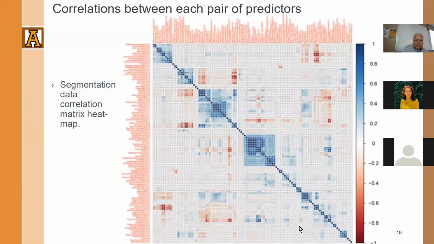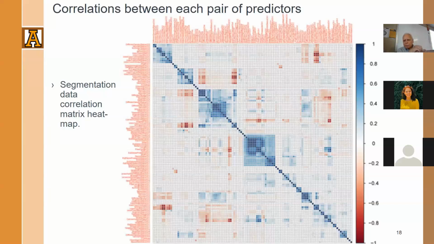So that's the other issue. We're going to see how to compute this matrix. There's an argument in the function we're going to be using that groups together variables with very high correlation.